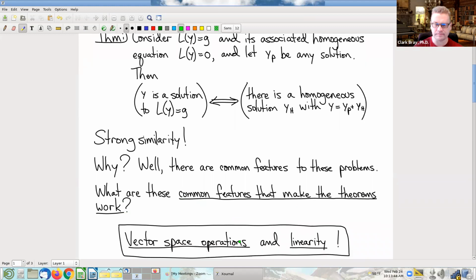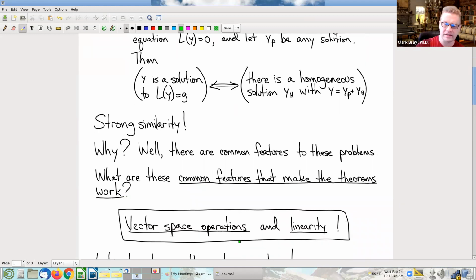And here they are. In both cases, we're doing vector space operations. All of the algebra that we're looking at, pretty much, whether we're looking in the domain or in the target, it's all vector space operations. And the other one is linearity. In both of these questions, there is a function involved, and in both of these cases, that function is linear.